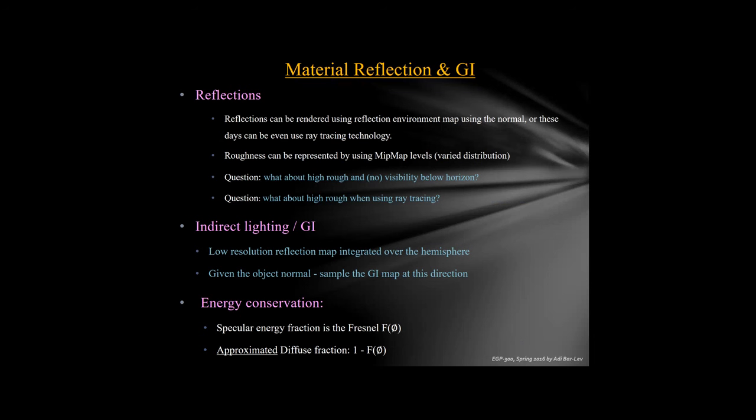An environment map is a location within the game where we are baking a cube map or a sphere map, where we capture the entire lit environment around us. That's really important, because by capturing the lit environment around us, we're actually capturing the energy that is flowing through that point in space.